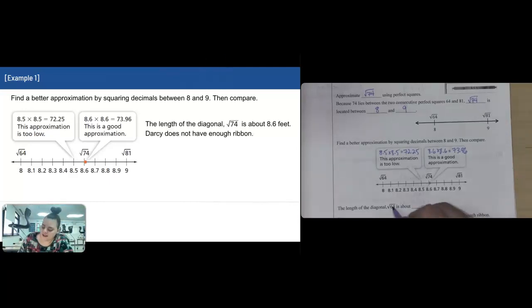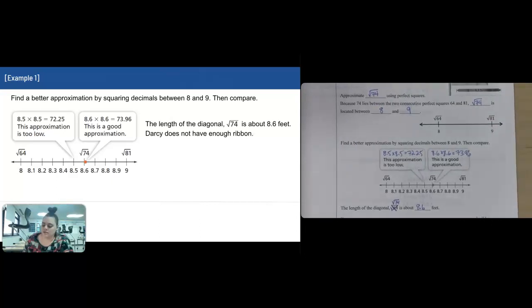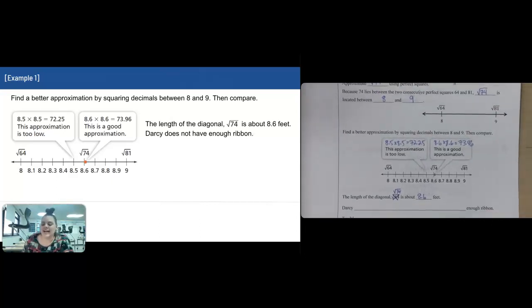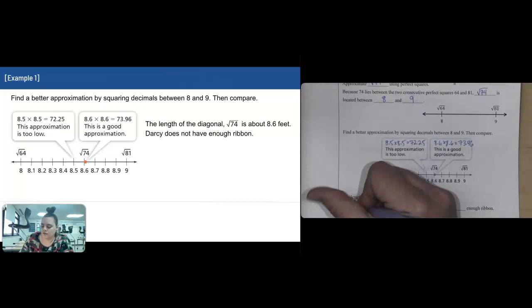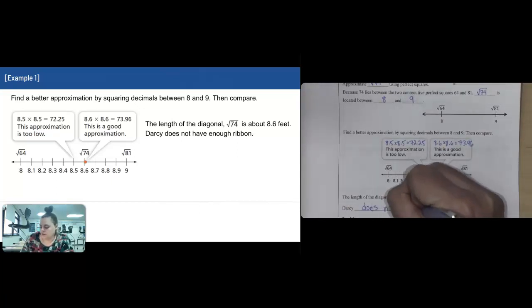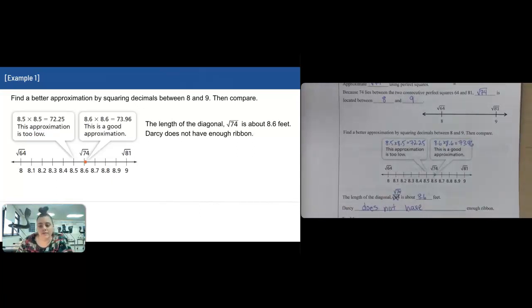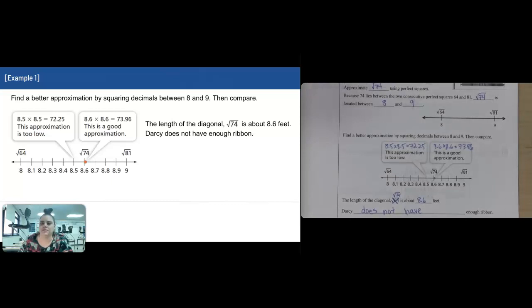The length of the diagonal, the square root of 74, is about 8.6 feet. This means that Darcy does not have enough ribbon, because she has 8.5 feet, but we need 8.6 feet, so she doesn't have enough ribbon.